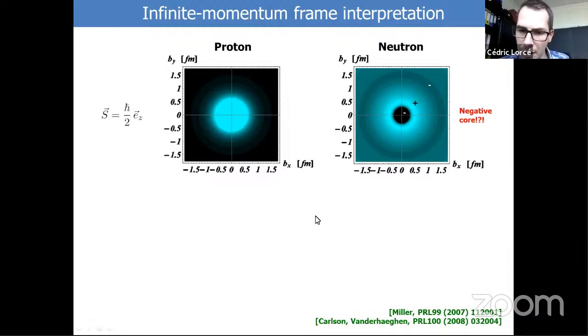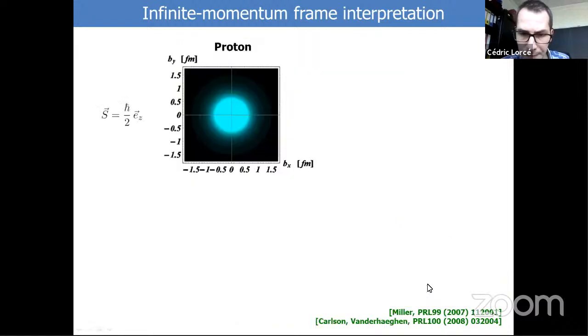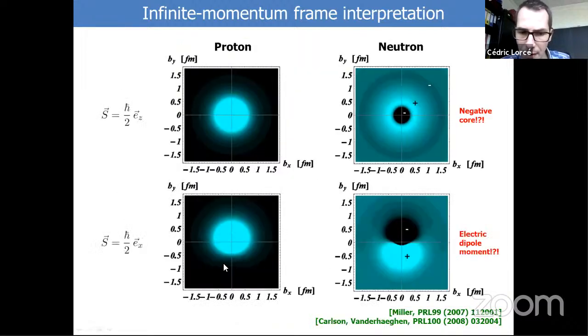You have the contribution from the F2 form factor that now shifts the distribution sideways. And if you have a shift, it means that you have a contribution from an electric dipole moment. So for example, for the neutron, the total charge is 0, so the dipole structure appears more clearly. And this is what you get.